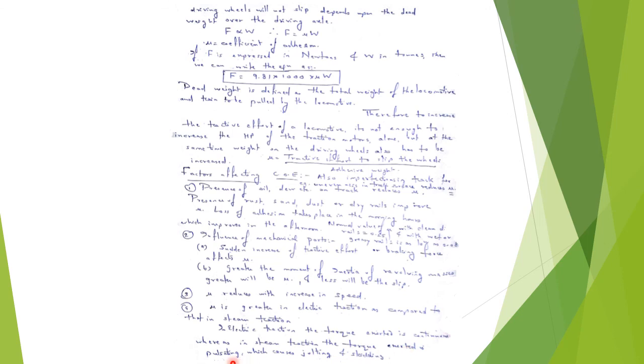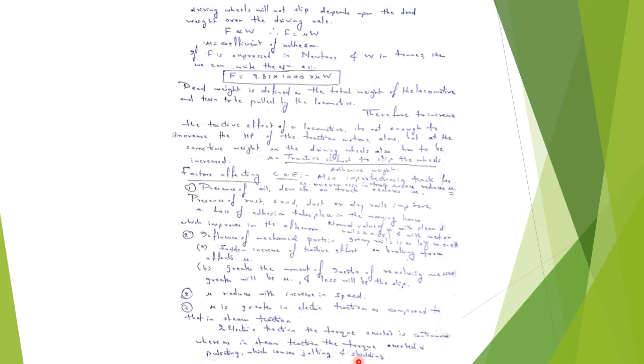In the steam engine drive the torque exerted is pulsating, which causes jolting and skidding, and because of all this, the coefficient of adhesion is low and the chances of the wheels slipping off the track are high. So if you compare the steam engine drive with electric traction, when negotiating a turn, the steam engine drive has to reduce the speed.